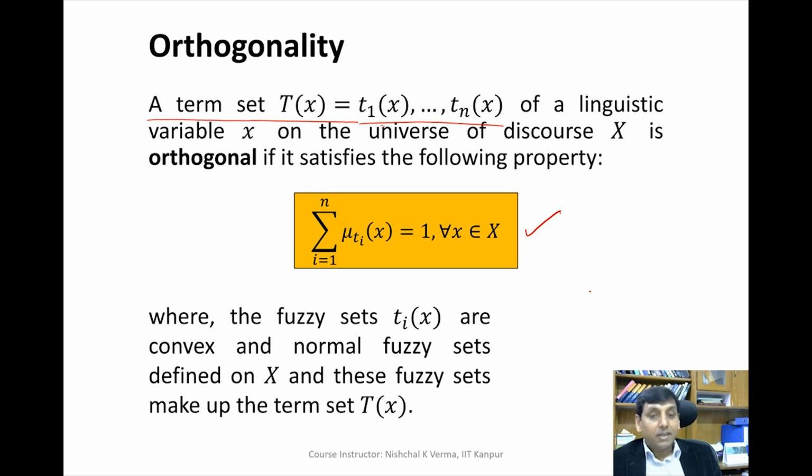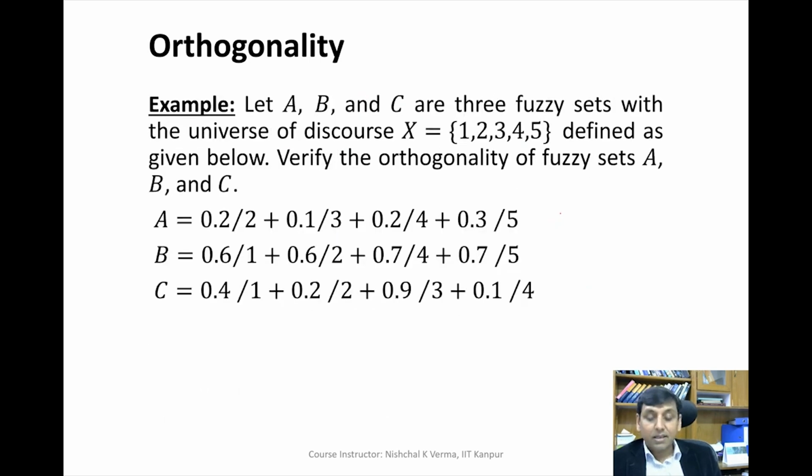So let us take an example here and understand. First we take discrete fuzzy sets A, B, and C to understand the orthogonality better. It's very simple. By going through 2-3 examples, we'll be able to understand the orthogonality of fuzzy sets better.